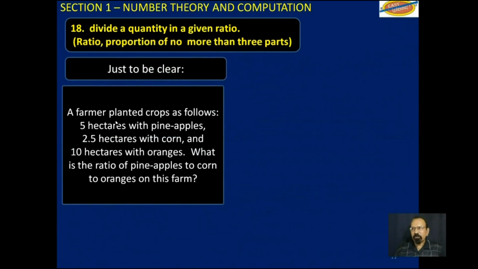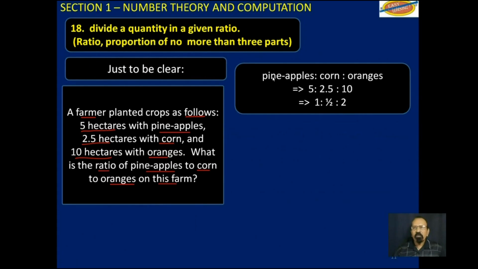Still on ratio, a farmer planted crops as follows: 5 hectares of pineapples, 2.5 hectares with corn, and 10 hectares with oranges. What is the ratio of the pineapples to corn to oranges on this farm? Well, if it is 5 to 2.5 to 10, if you divide everything there by 5, you will get 1 to half to 2.